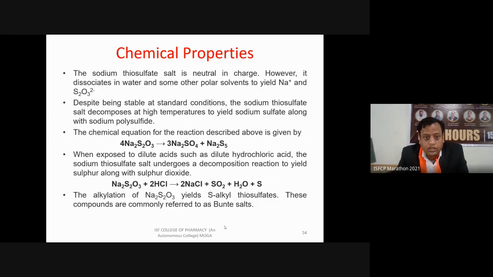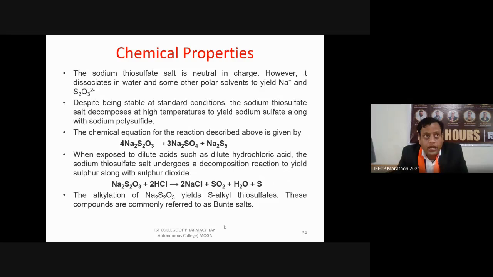In the chemical equation, sodium thiosulfate Na2S2O3 at high temperature decomposes to Na2SO4 and Na2S5, sodium sulfate and sodium polysulfide.